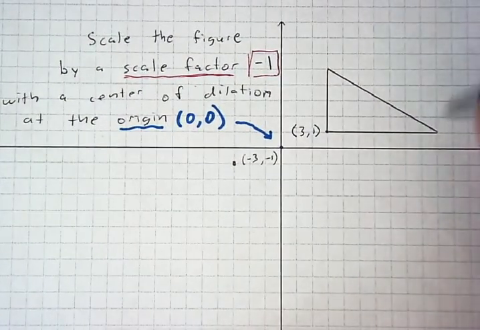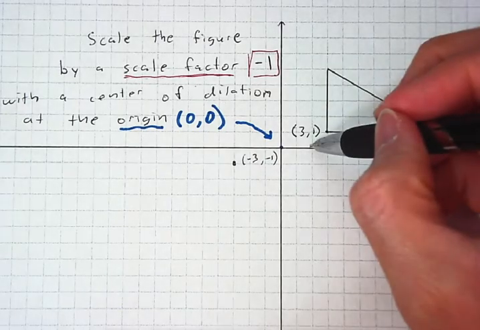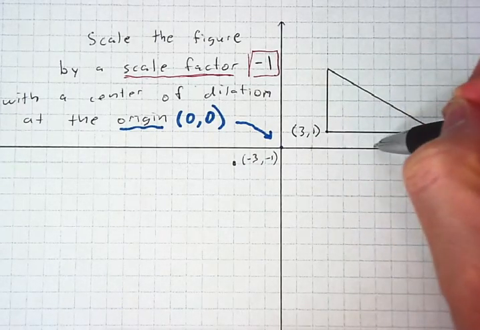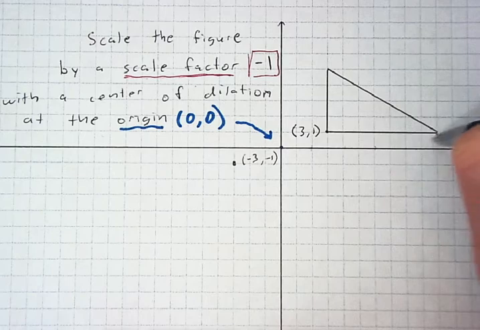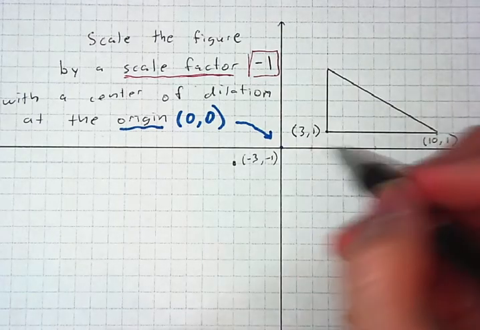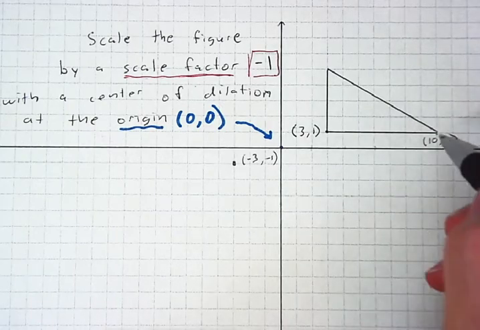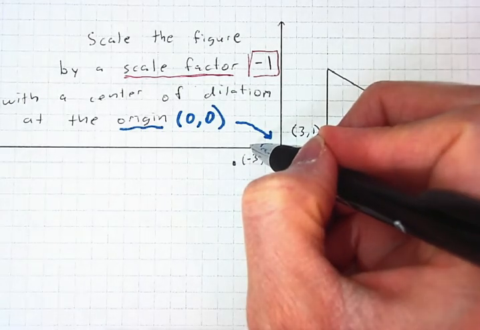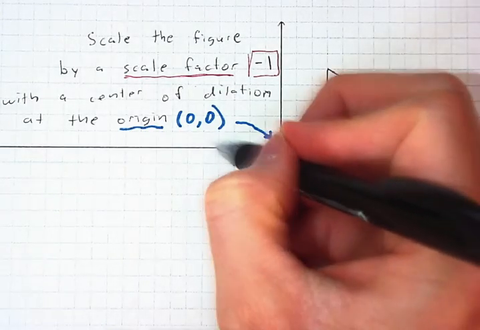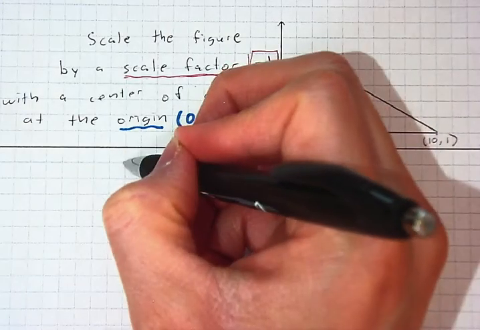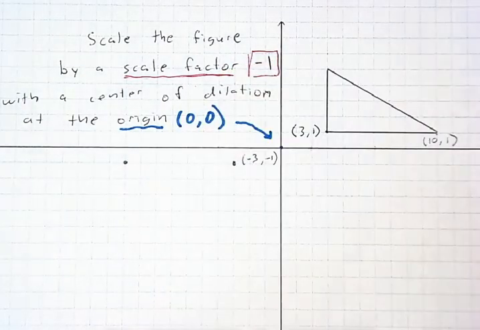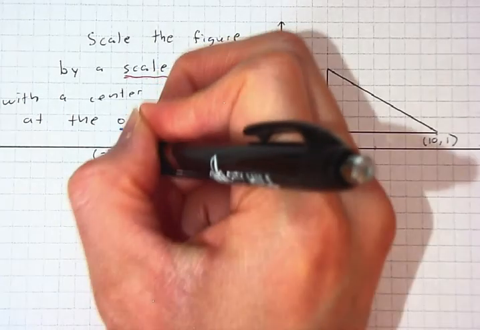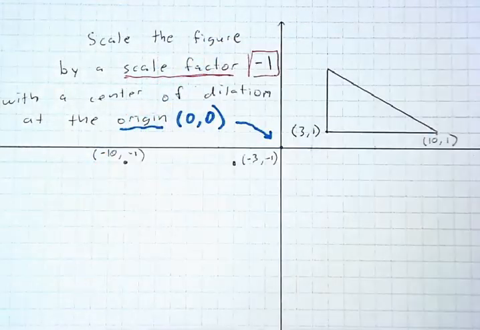And over here, this is 2, 4, 6, 8, 10. So this is 10, 1. When I scale it by -1, it would become -10, -1. So right there, that is -10, -1.